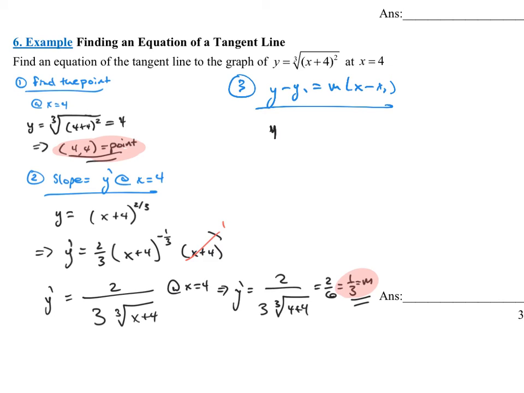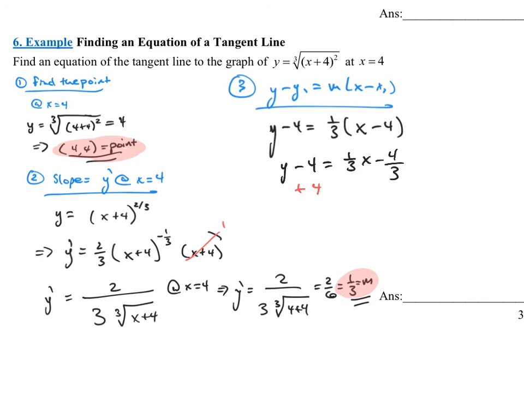So in our case, we'd have y minus the y value, which was 4, equals m, we got 1/3, times x minus the x value again, which was 4. We're going to distribute that 1/3 to both of those terms. So I end up with y minus 4 equals 1/3 x, and 1/3 times negative 4 is negative 4/3.